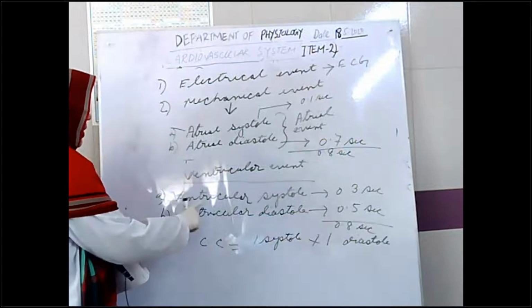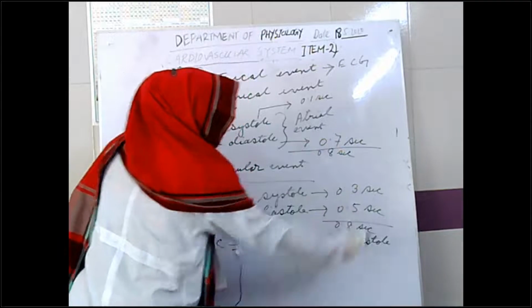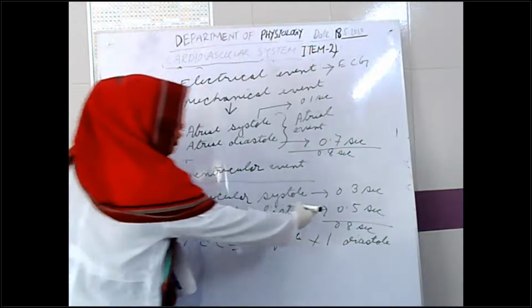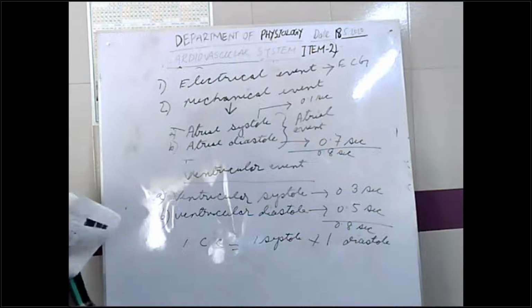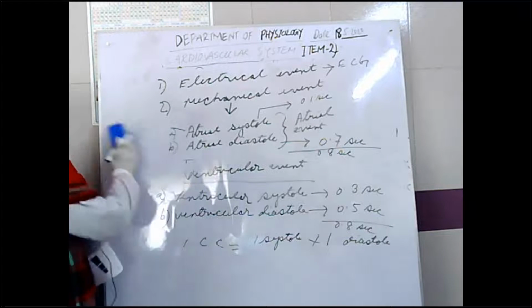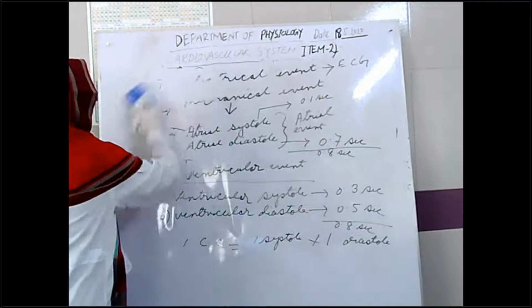Ventricular systole 0.3 second, ventricular diastole 0.5 second, total 0.8 second, that is one cardiac cycle time. So there are two events involved in the cardiac cycle.